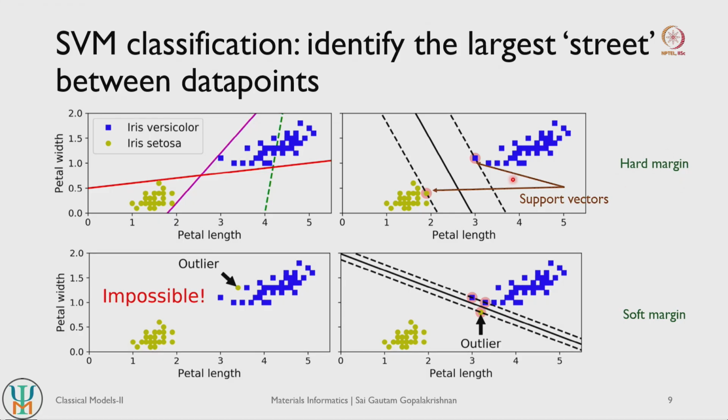So where there are no outliers on each of the data points or each of the clusters. But if there were outliers now, right, and if you want to create a hard margin classifier, we see that this is impossible now. So you will never be able to draw a street that completely separates out this green dot along with all the other green dots. So this is basically an outlier, right.